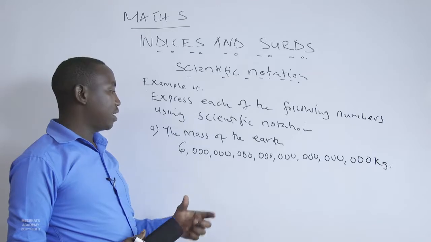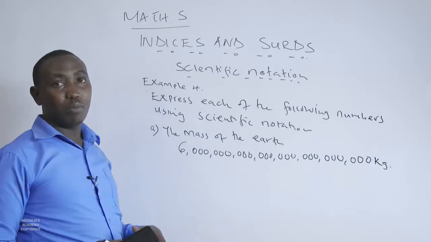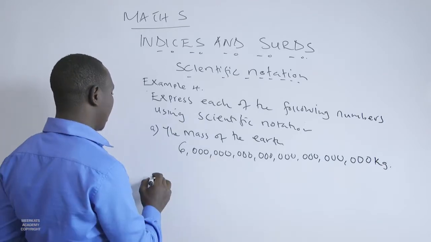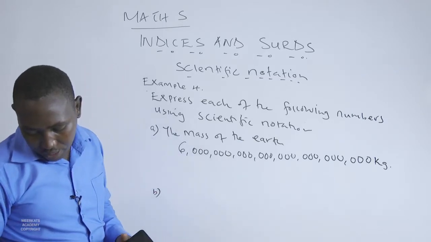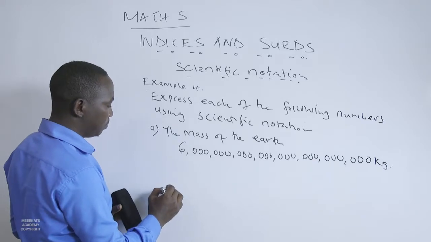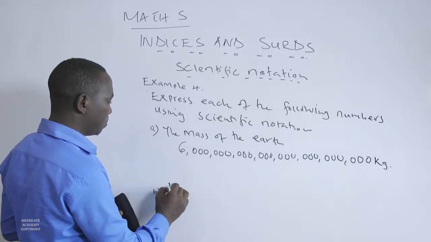So this is the mass of the earth. You can see it's a very big or large number. Number B, the diameter of the gold atom.